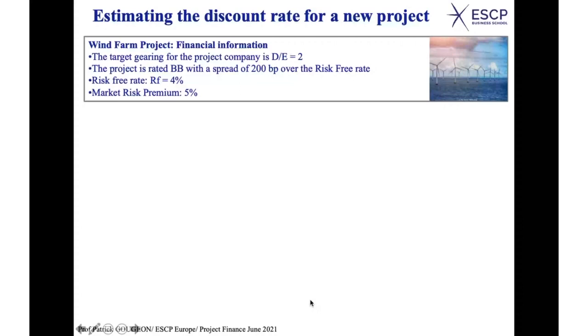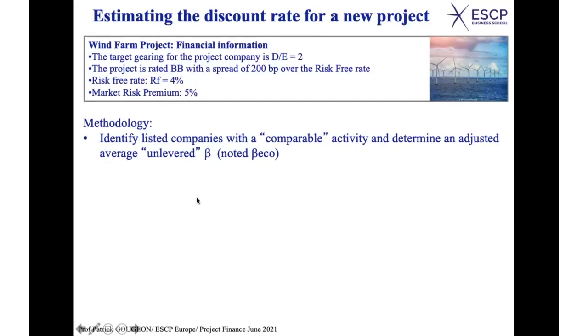First of all, we are trying to identify listed companies with a comparable activity and determine an adjusted average unlevered beta. So how can we find comparables? I'm not doing so because I would be disconnected again, but we could look at the list provided by Damodaran, and we have seen that, for instance, for the green and renewable activity, we can find an estimate.